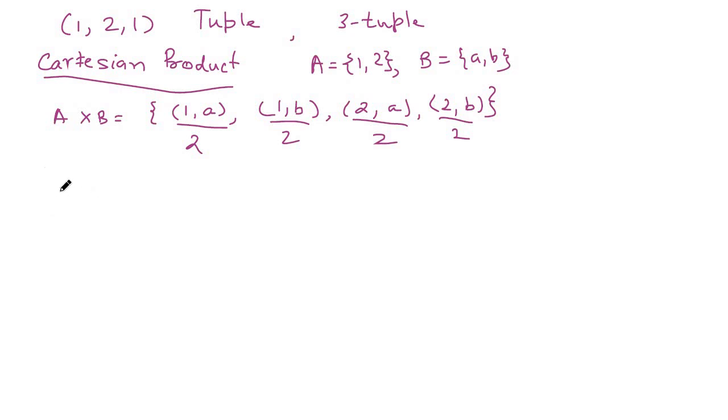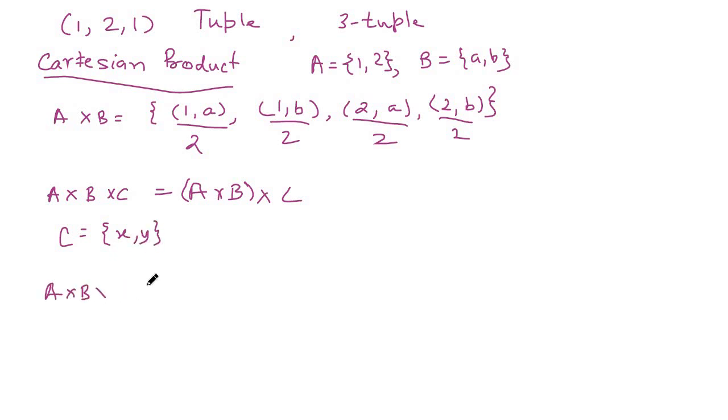You can define the Cartesian product for more than two sets, like A cross B cross C. In this case, first you do A cross B and then you go ahead with taking the cross with C. So for example, if you have another set C containing, let's say, x, y, now A cross B cross C is the set of triplets, so 3-tuples.